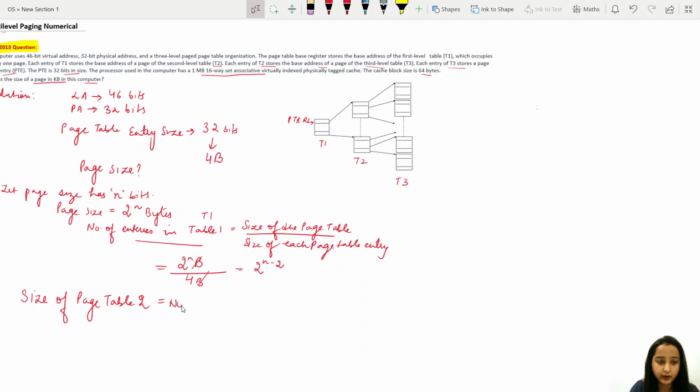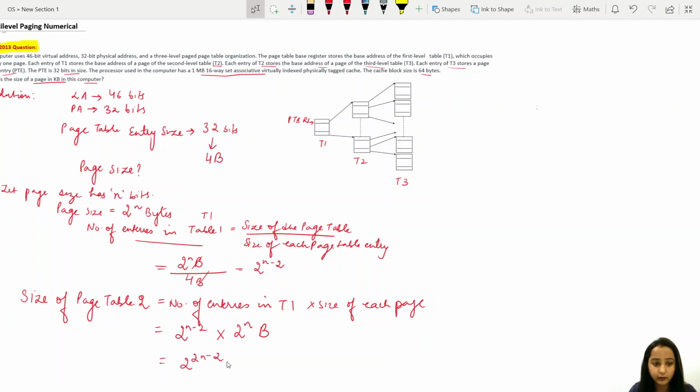It will be the number of entries in T1 multiplied by the size of each page, which we found to be 2 raised to power n. So the size of page table 2 will be 2 raised to power 2n minus 2 bytes.